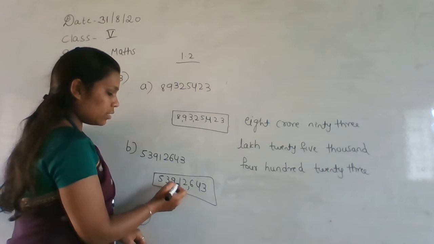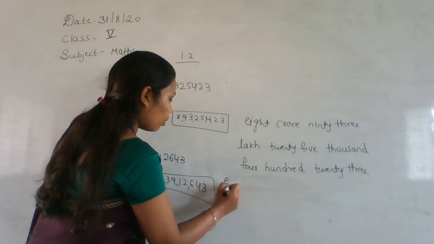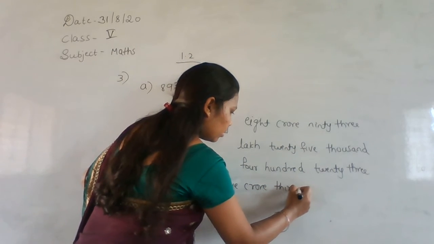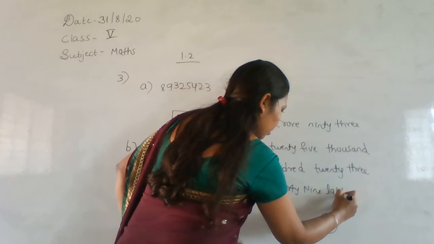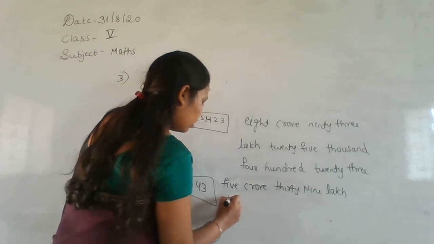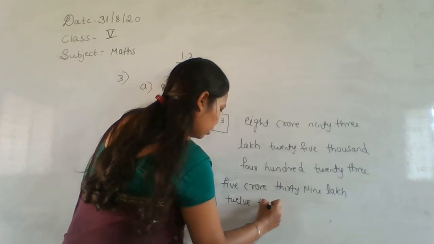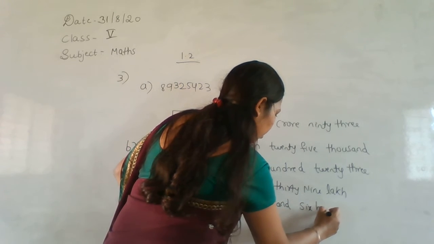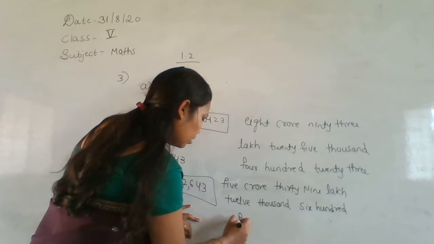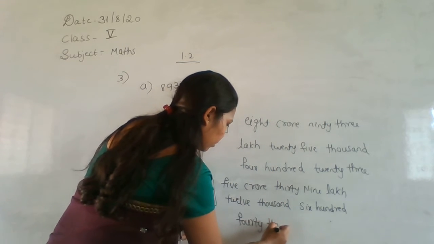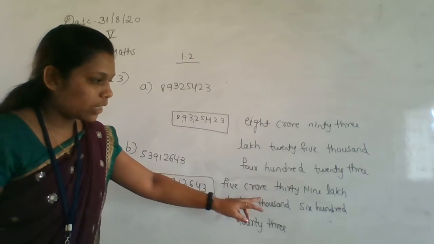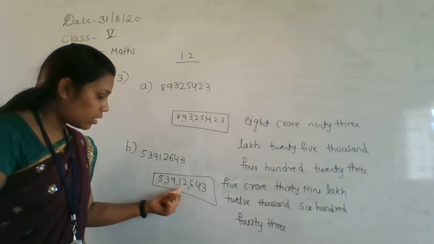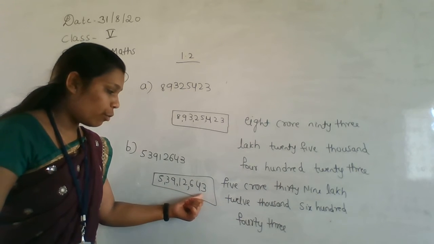First after 3 digits, next 2 digits. 5 crore 39 lakh 12,643.